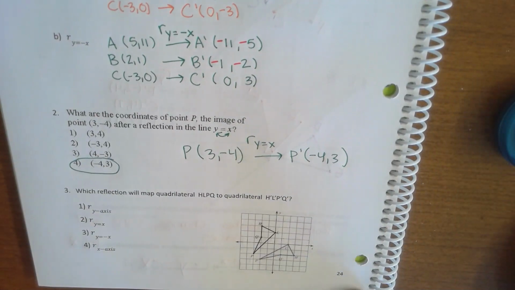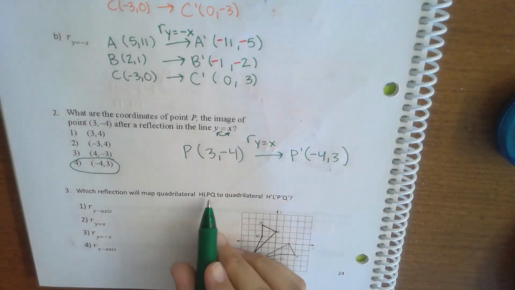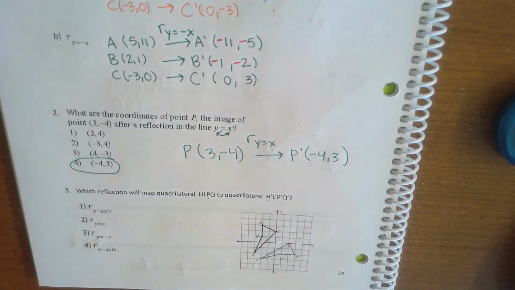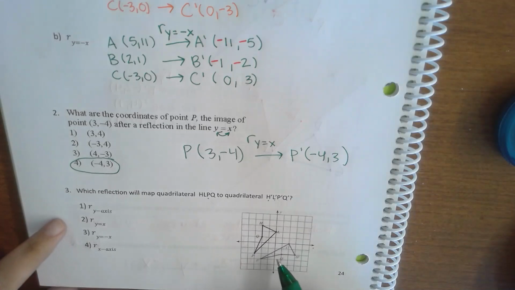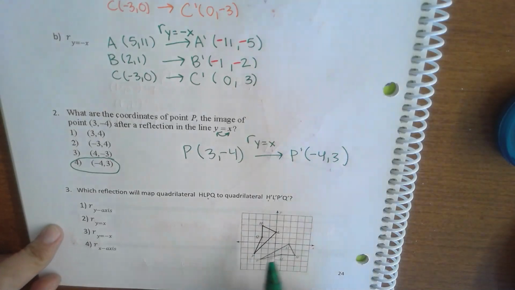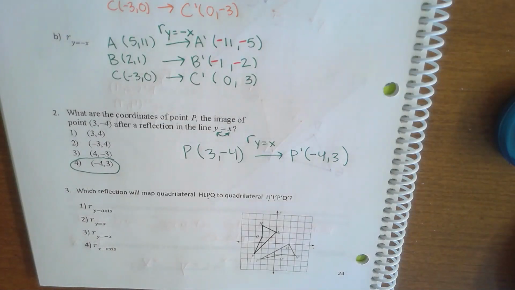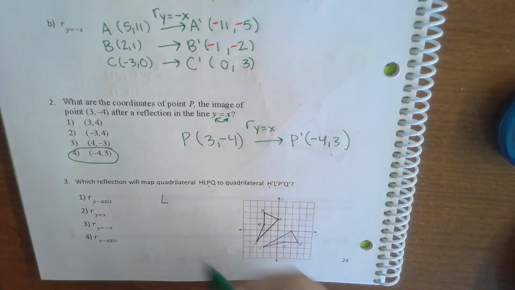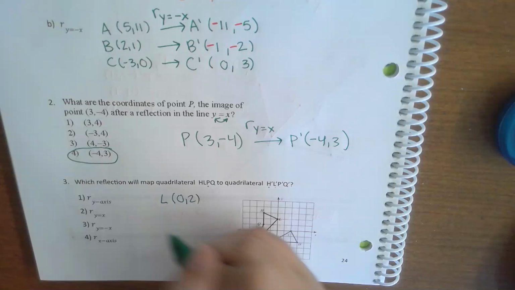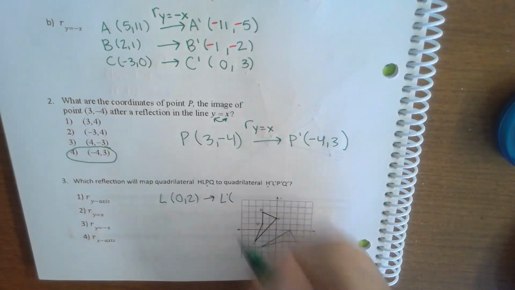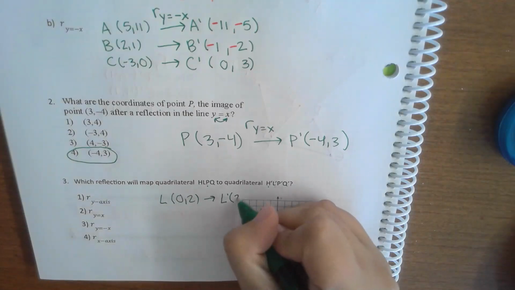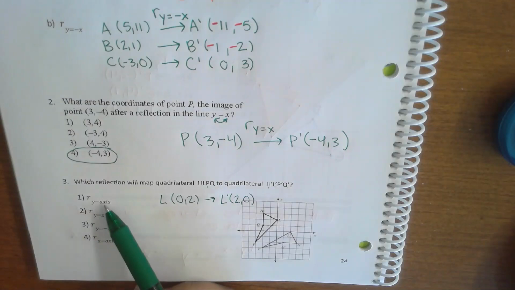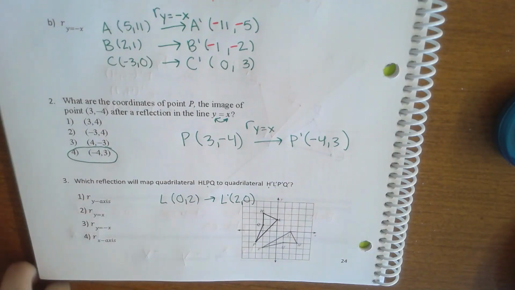Which reflection will map this quadrilateral, this four-sided shape, to H prime, L prime, P prime, Q prime? So I'm looking here. I could go ahead and label each coordinate. So write that L is at 0, 2, and it goes to L prime, which is at 2, 0. And I could analyze them like that. We also could just kind of look through our answer choices.